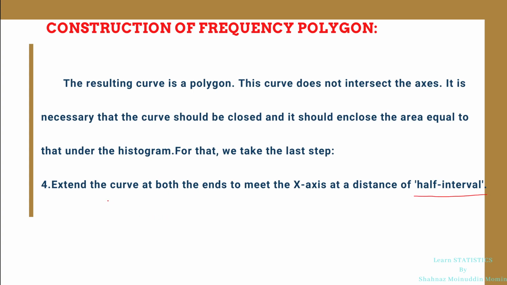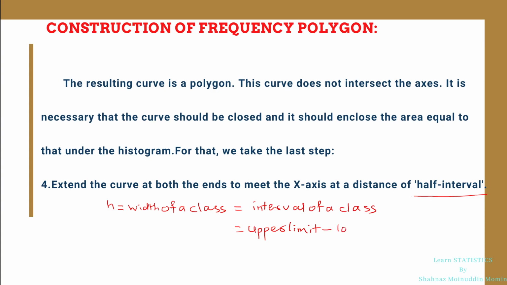Suppose h is equal to the width of a class, which is also known as the interval of the class. We know that the interval of a class is obtained by the upper limit minus the lower limit of a class.